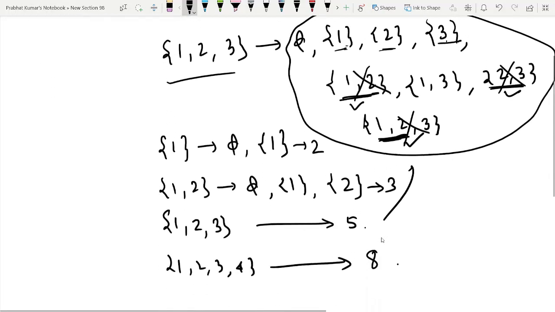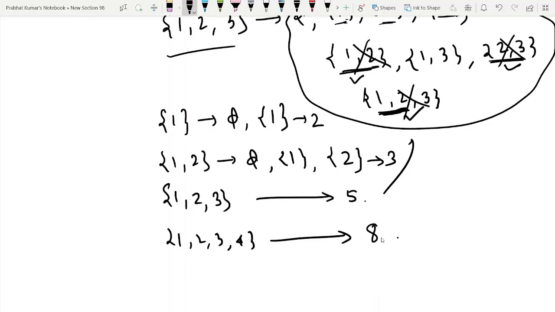You can see it's already forming a pattern: 2 is there, 3 is there, 5 is there, 8 is there. So the term we are looking for is the sum of the previous two terms: 3 plus 5 is 8, and so on.